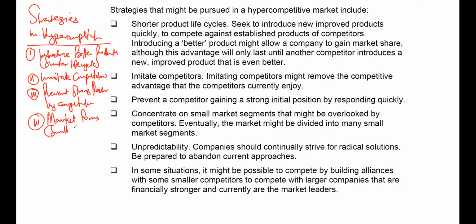So we can concentrate on small segments. 5, unpredictability. And then what? Collaboration, right? Strategic collaborations. Okay. So put this down, and then those are the various strategies that you need for competitive advantage.